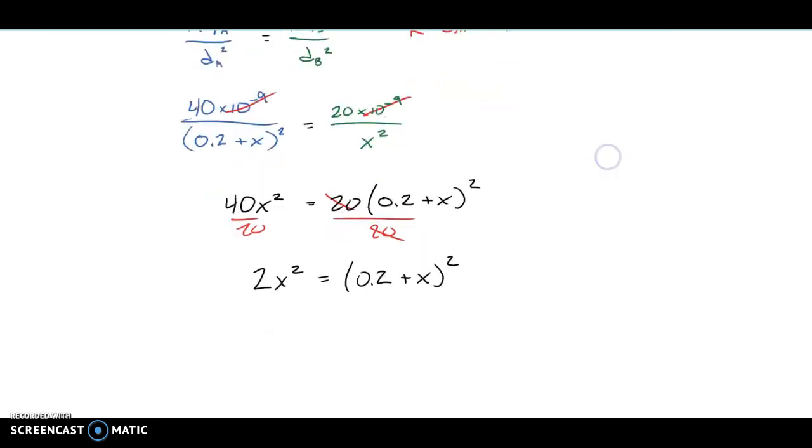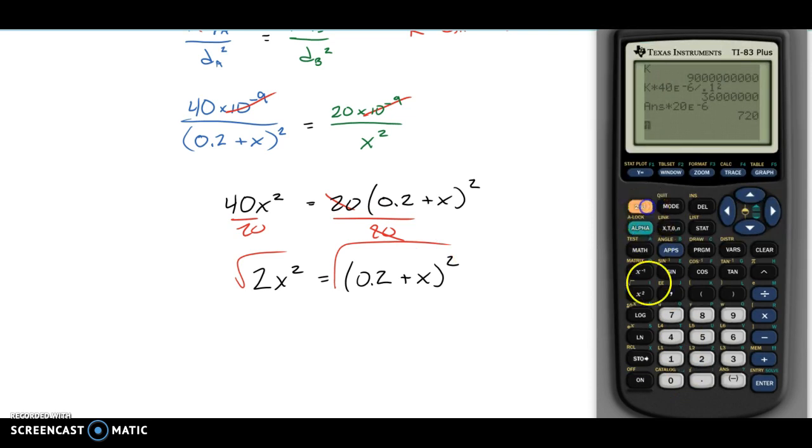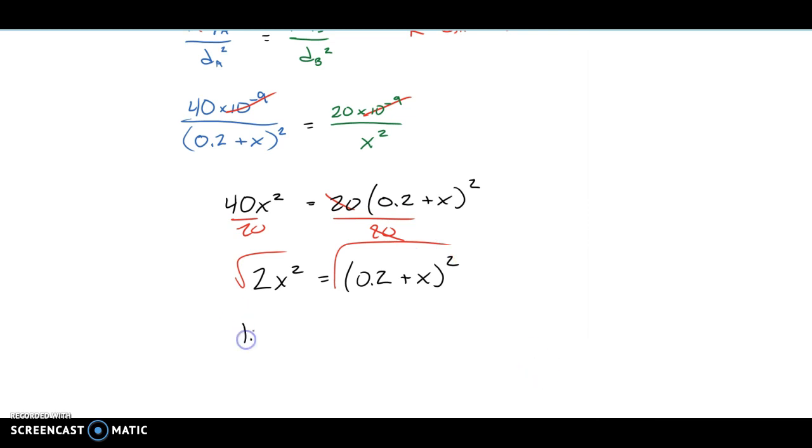And now it's time to take the square root. Square root of 2, I believe, and I'll use my calculator to confirm, I believe it's 1.414. Square root of 2, yep, 1.414. I'll just do 1.41 x equals 0.2 plus x.